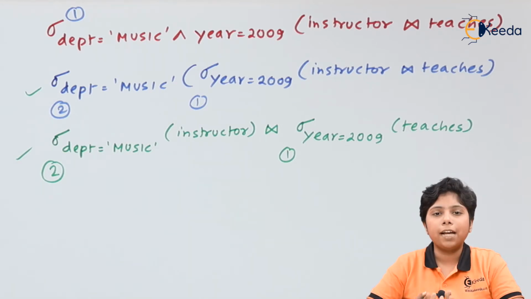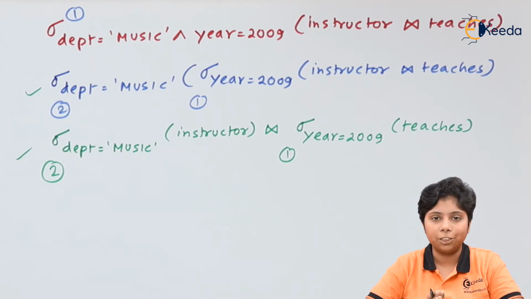Now let us see the expression in a tree-like structure for the minimal expressions, or the tree with multiple selections.